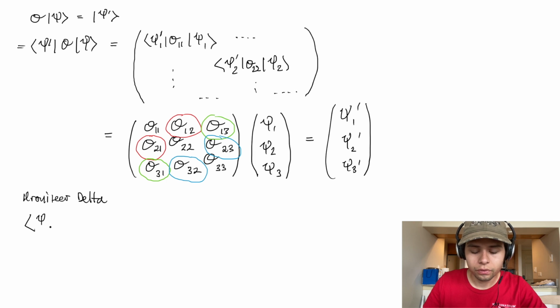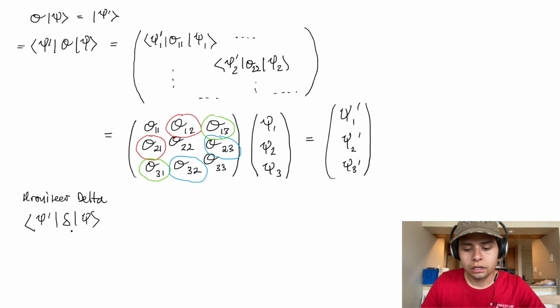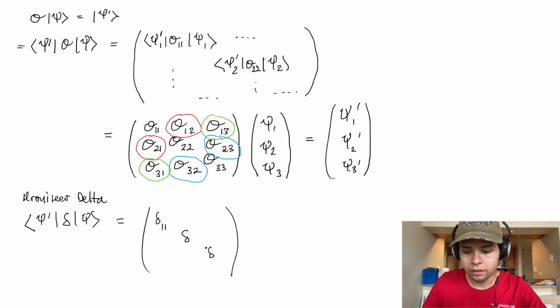So we have our final state, and then our Kronecker delta looks like this, and then we have our initial state, and this is a matrix element again that looks like this. So Kronecker deltas down the diagonals like this, and the indices on the Kronecker deltas are 3, 3, and then these are all 0.